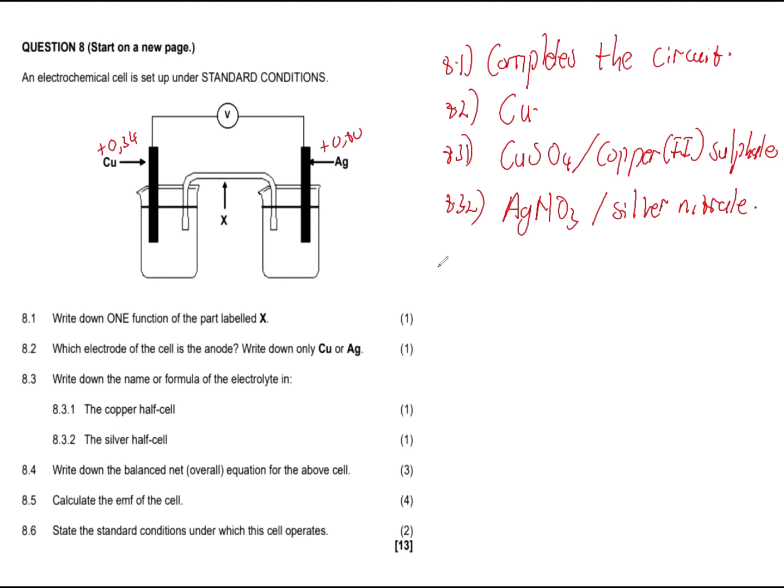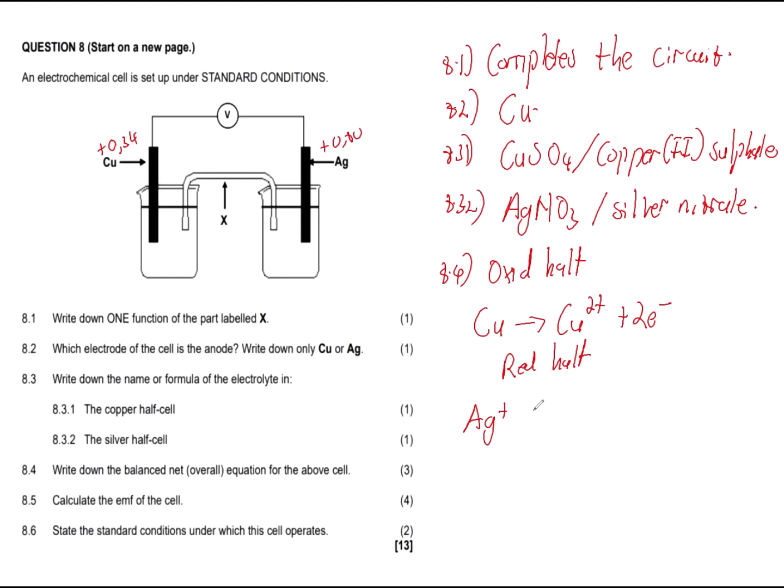Now in 8.4, it says write down the balanced net overall equation for the above cell. So it's been the same one throughout. Oxidation half reaction: we know it's Cu to give us Cu2+ plus 2e-. And then the reduction half reaction is the one that gives us Ag+ plus e- to give us what?